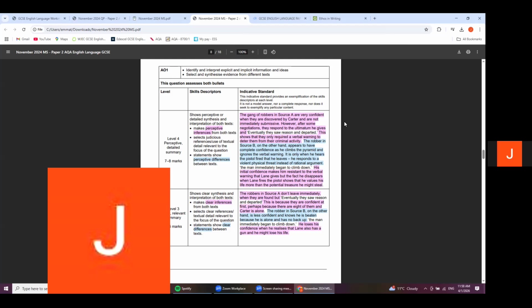The gang of robbers in source A are very confident when they are discovered by Carter and are not immediately submissive. However, after some negotiations, they respond to the ultimatum he gives, and eventually they saw reason and departed. This shows that they only required a verbal warning to deter them from their criminal activity.